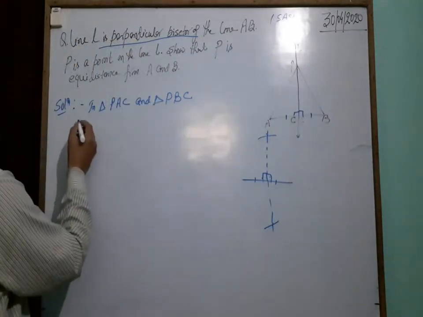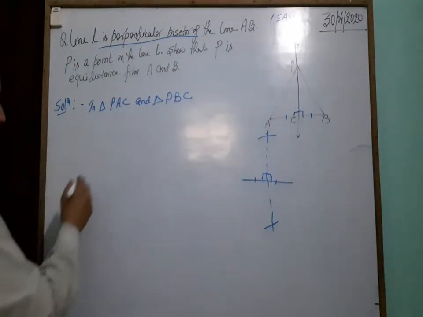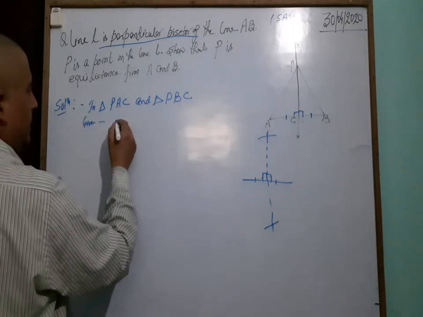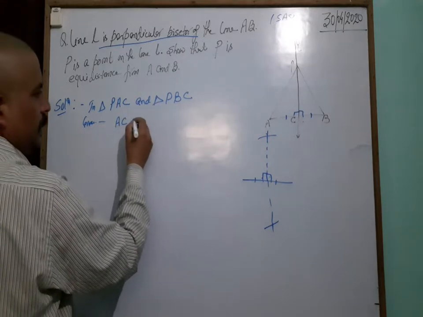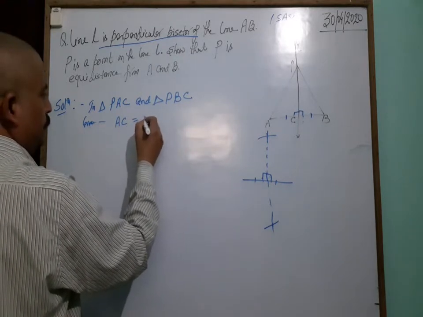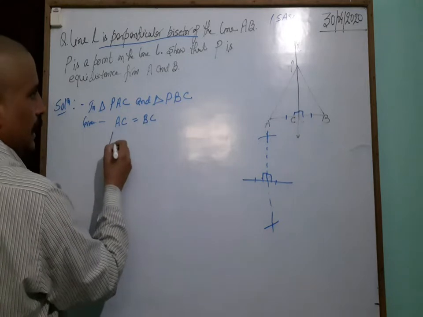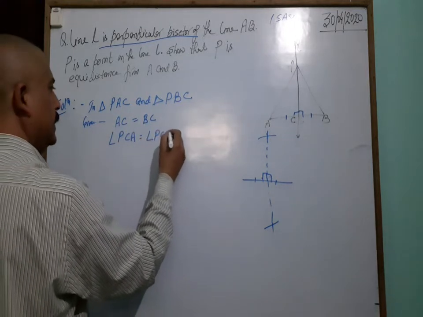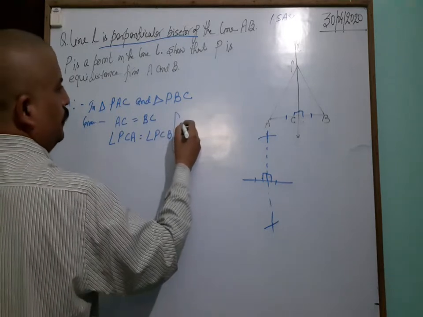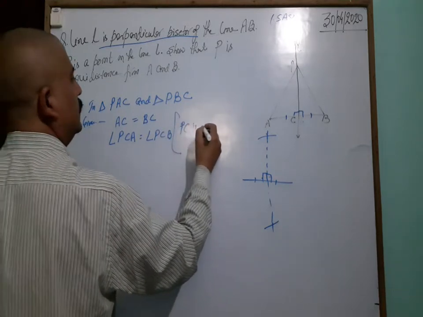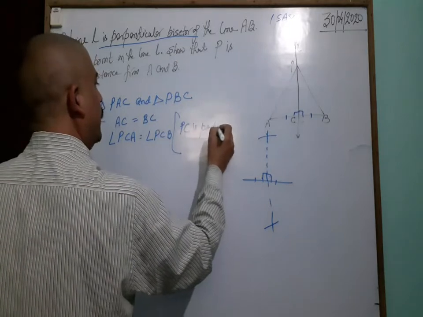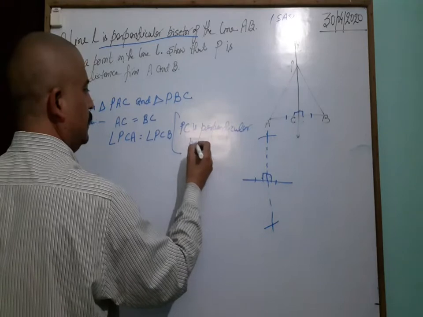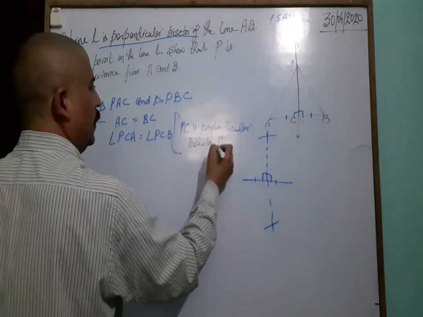First of all, given AC equals BC. Angle PCA equals angle PCB, because PC is the perpendicular bisector of AB.